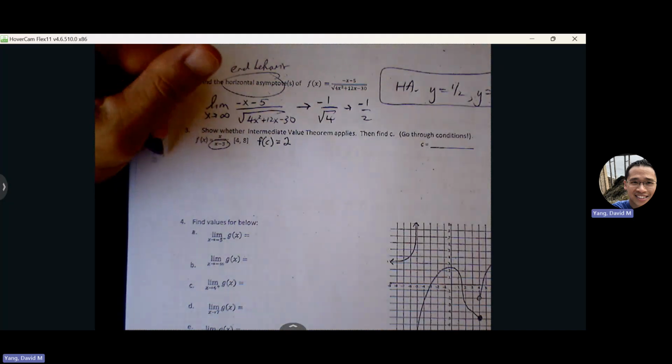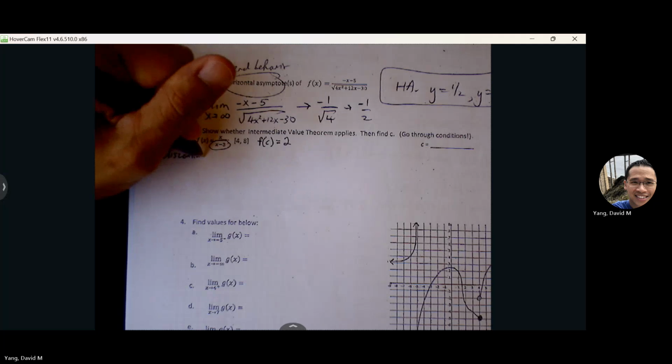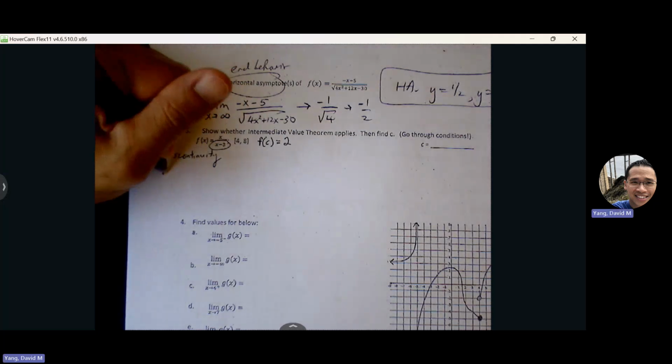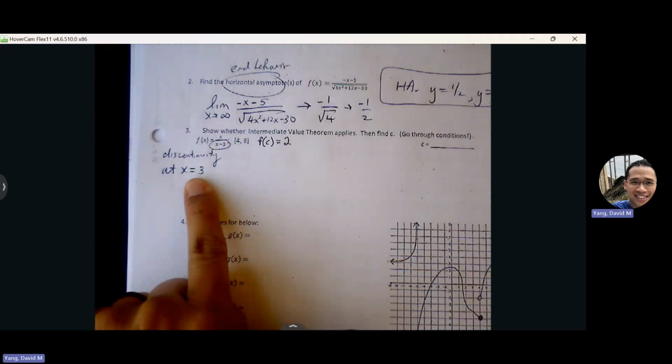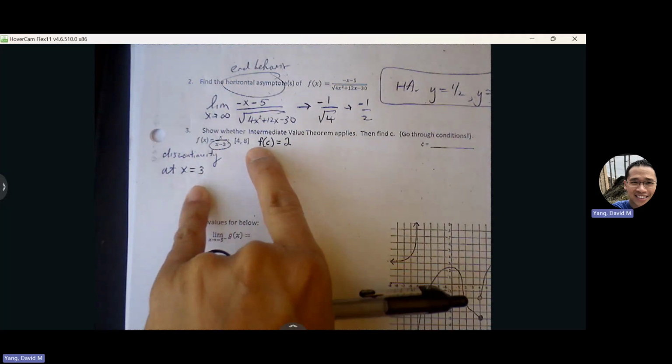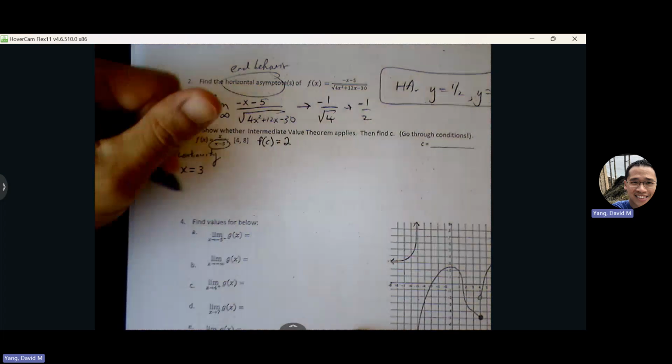So there's a discontinuity at x equals 3, found by setting the denominator equal to 0. Is that going to interfere with my interval? No. So we're safe, right? The only discontinuity is clearly outside the interval, so we've established no issues with continuity. We're going to state our continuity condition now.